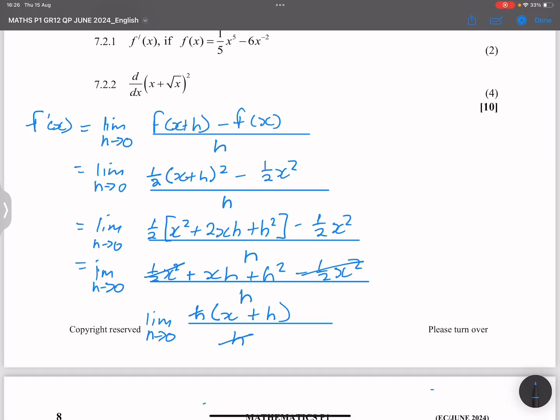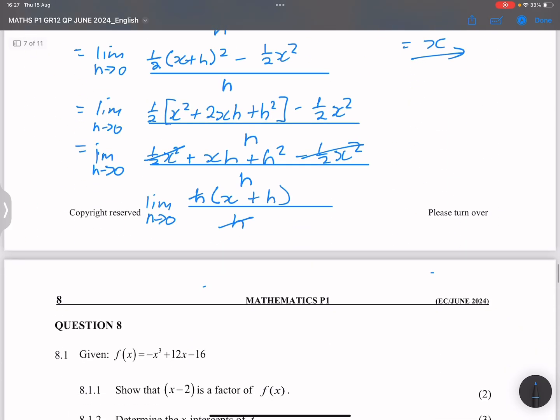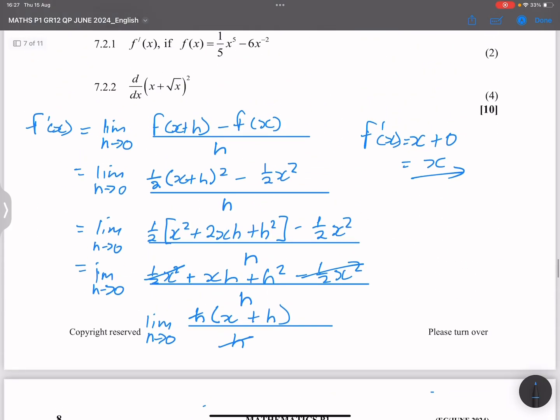So this will be x plus 0. And so that means that f prime x will be equal to x. All right, I hope that you got that, ladies and gents. Right, so f prime x is equal to x, and it does make sense.